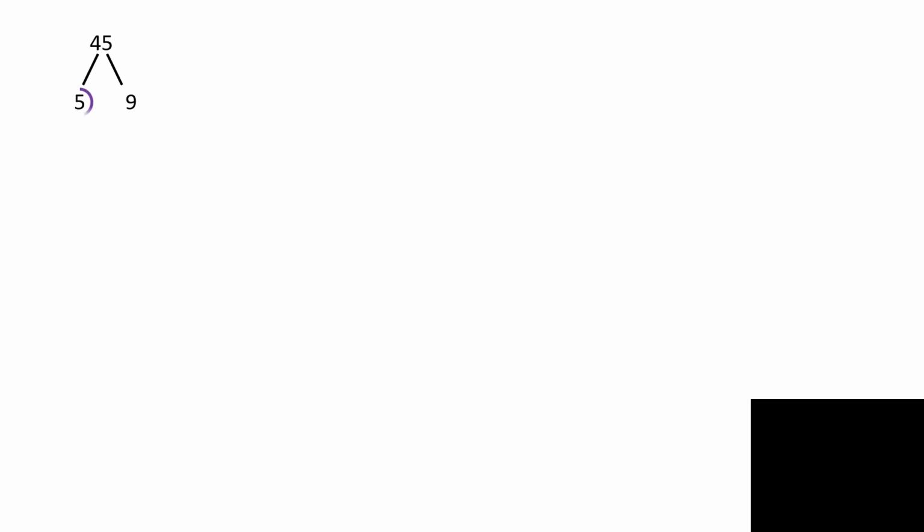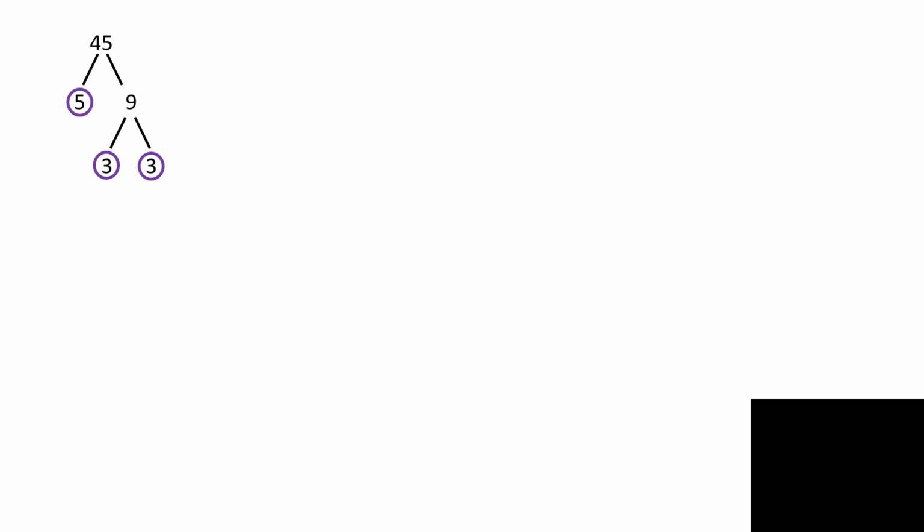5 is a prime number. I can circle it. 9 is composite. I'm going to draw branches. 9 is 3 times 3. Circle the 3's because they're prime numbers. Okay, every branch has been finished.